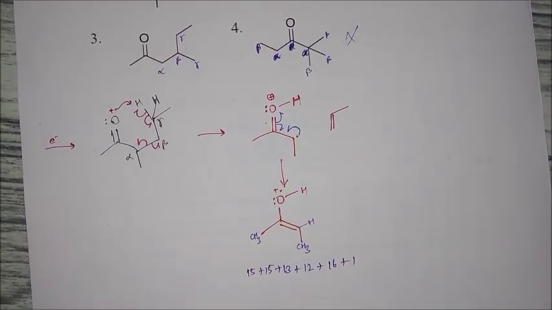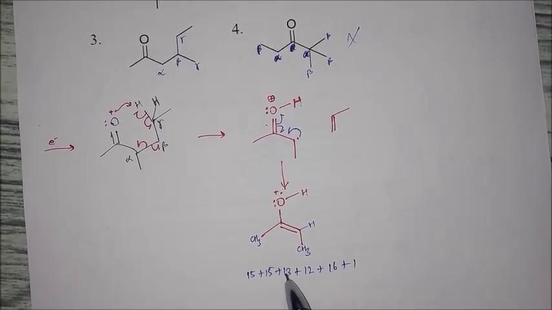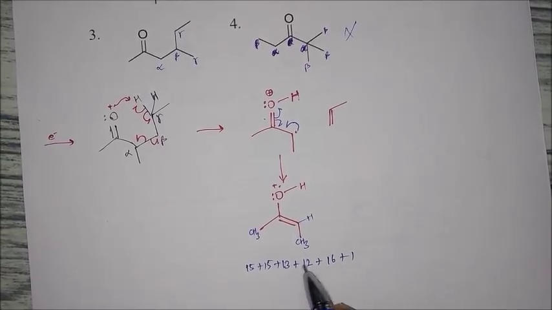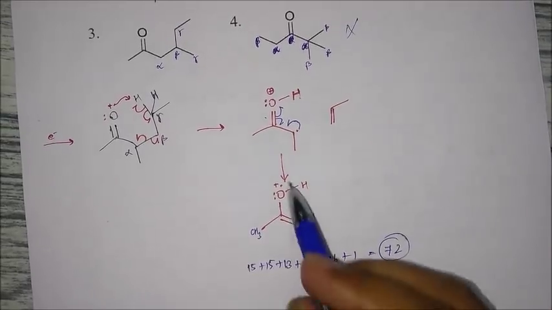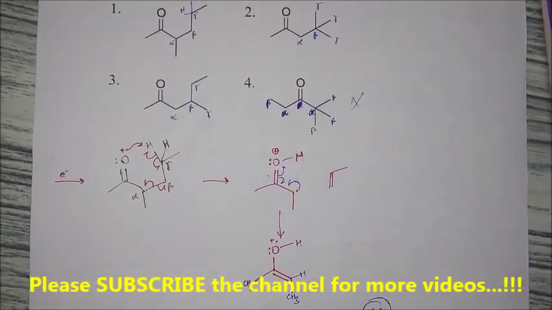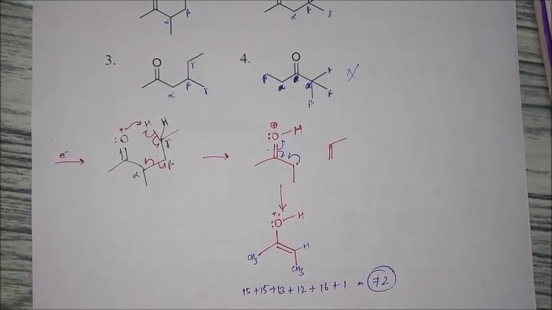So let's add them together, 30. Okay, and then 16 and 14, that will give you 30. 30 plus 30 is 60, plus 12, that is 72. So this fragment is giving you 72. So for option 1, you have done McLafferty and you have got one fragment which is giving you 72 in the m by z value.